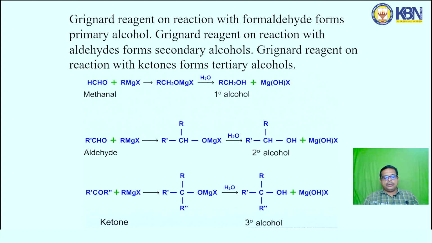In the above explanation, that is the general reaction. Here in this slide we have some examples. When formaldehyde reacts with Grignard reagent, it will give an intermediate, and when decomposed with water, it is converted into primary alcohol.